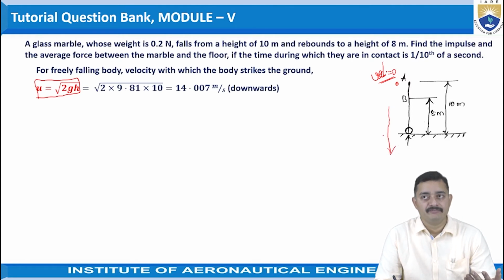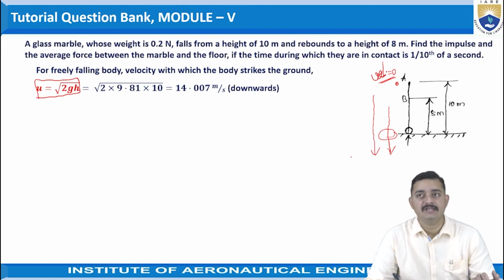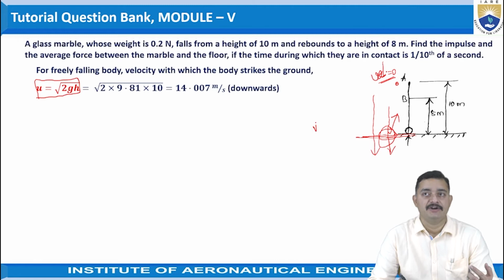So, during this travel time, there will be some velocity, and that velocity gets increased as the travel happens. So at this point, when there is a restriction, whatever velocity the marble is having is given by the equation under root 2gh.